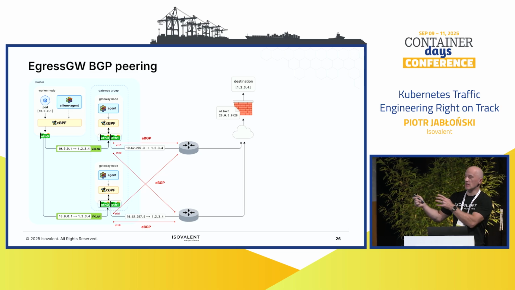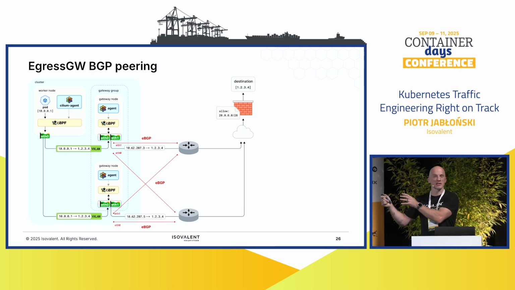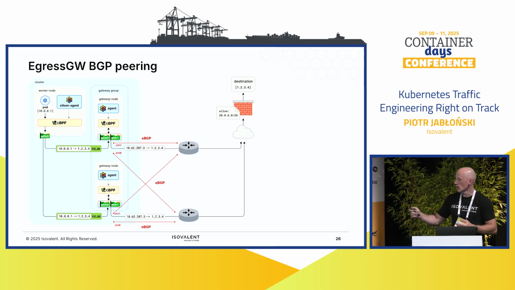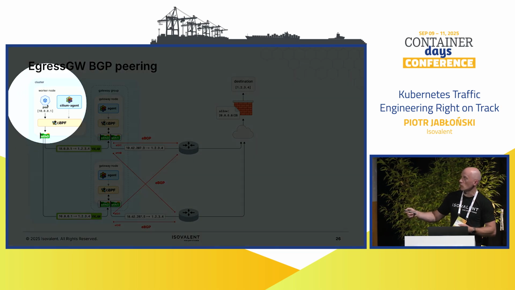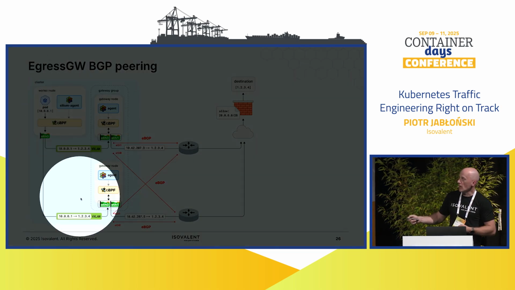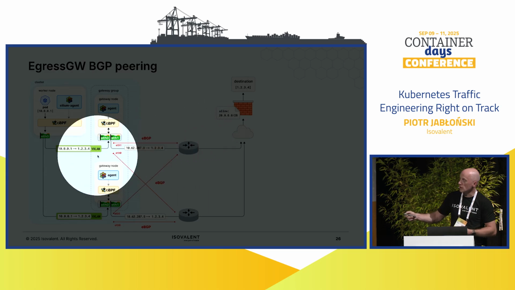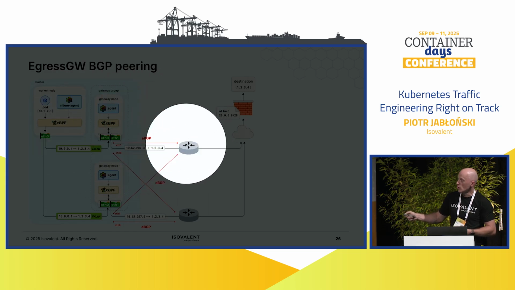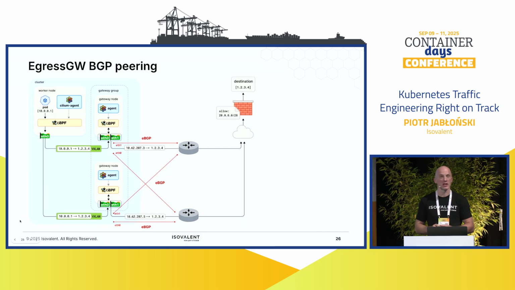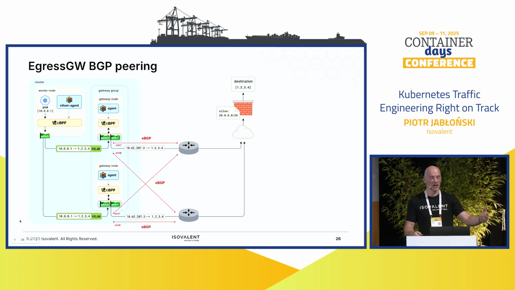So simply, the task is to advertise prefixes dynamically. Why dynamically? Because if this pod is no longer on this host, the traffic shouldn't be directed maybe through this link. It should be directed via the bottom link to make this more optimized, cost-effective, and to avoid black holing.